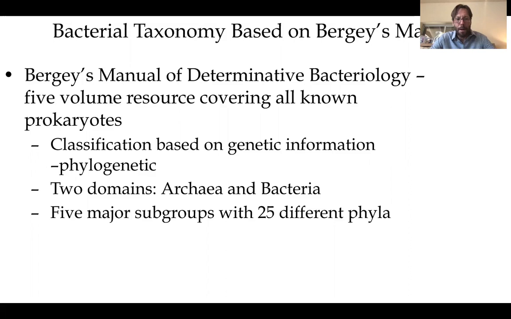There are 5 major groups within this taxonomy system. 2 domains, the archaea and the bacteria. It doesn't include the eukaryotes, because this is a manual on bacteriology, and we just lump in archaea with that.